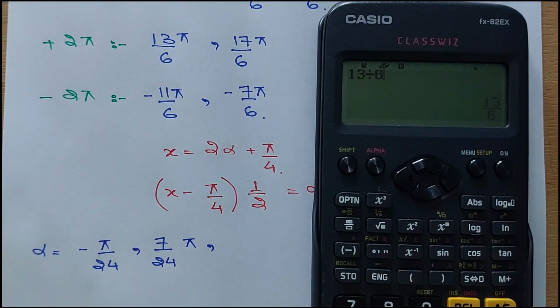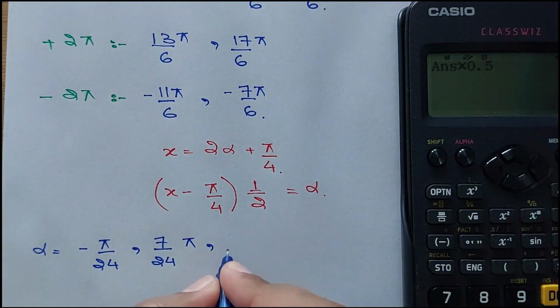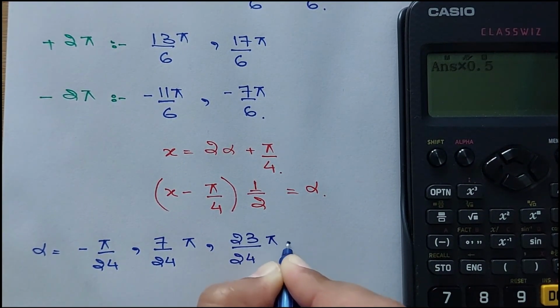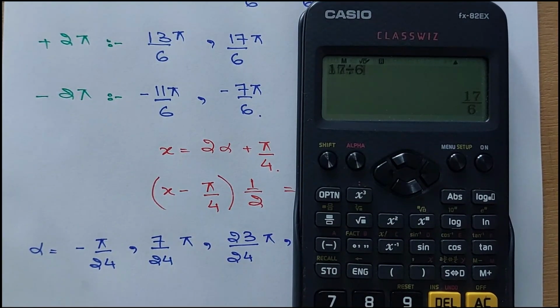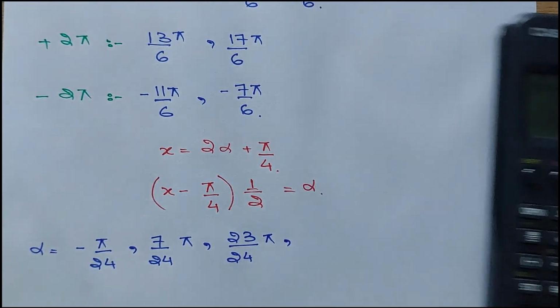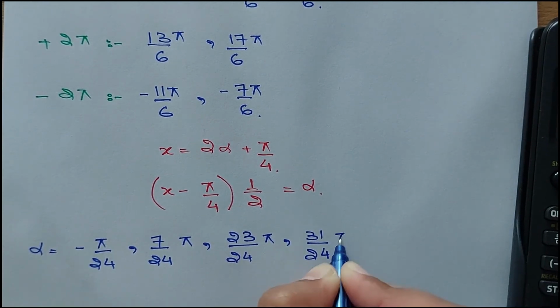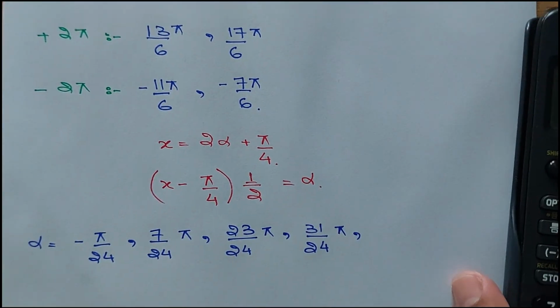13 divided by 6, minus 1 divided by 4, times 0.5. This is 23 by 24 pi. Then 17 by 6. 17 divided by 6, minus 1 divided by 4, and then times 0.5 is 31 by 24 pi. Okay, then minus 11 by 6 is the next one.